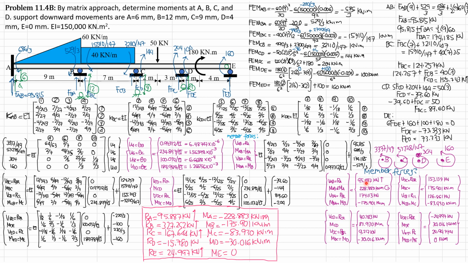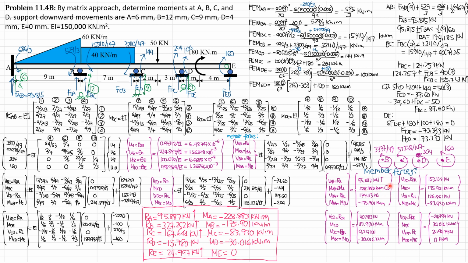So shear AB, which is RA, 95.887 kilonewtons, we check with the results in the three moment equation, Structural Analysis 9.4, so you just refer to that video there. So 95.887. Then moment A 228.883, which is correct.